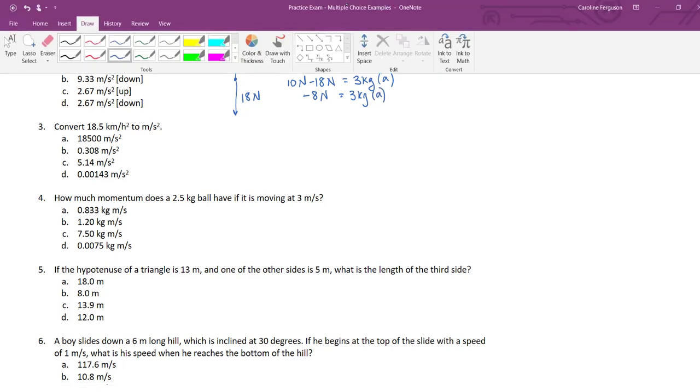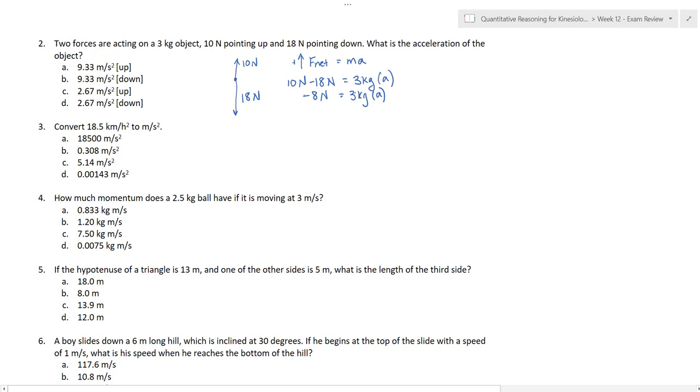If you find it confusing to have units in here, you don't need to include the units, as long as everything is in SI units. I'm solving for acceleration, so I'm going to divide both sides by 3 kilograms.